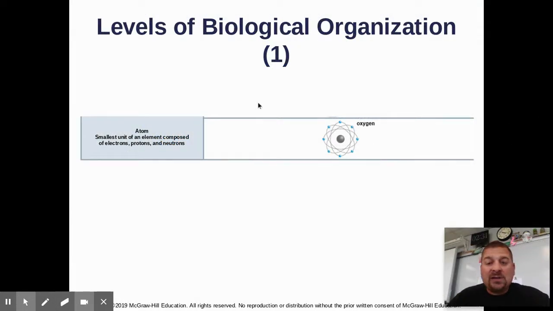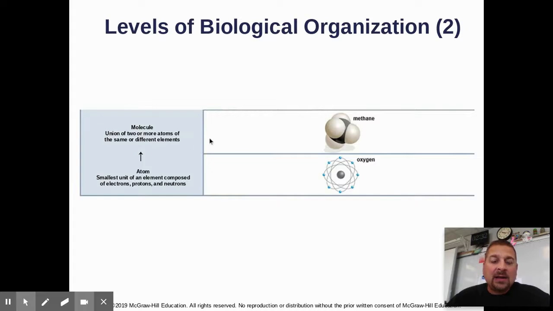So we're going to start small, with the atom, the smallest kind of thing that we know of, other than the subatomic particles, electrons, protons, neutrons, which you get into in chemistry. But then we start building upon that. You put atoms together to make molecules like H2O or methane, which is CH4, carbon with 4 hydrogens.